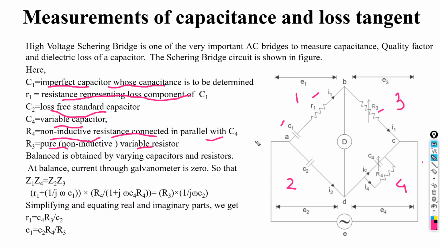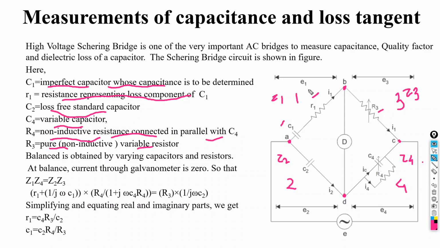Here we have four connecting points, that is point A, point B, point C and point D. A source is connected across the points A and C and the galvanometer is connected across the points B and D. Here Z1 is the impedance of the first arm, Z2 is the impedance of the second arm, Z3 is the impedance of the third arm and Z4 is the impedance of the fourth arm.